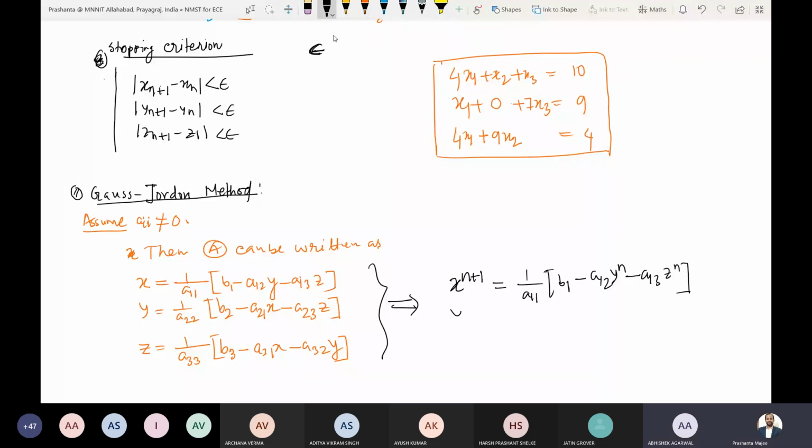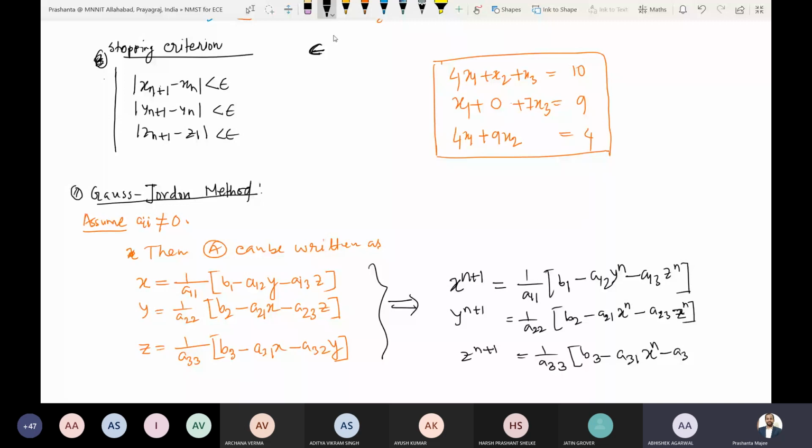y_{n+1} is 1 by a22 into b2 minus a21 x_n minus a23 z_n. And what is z_{n+1}? 1 by a33 into b3 minus a31 x_n minus a32 y_n.